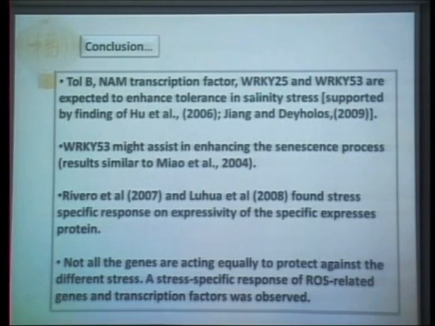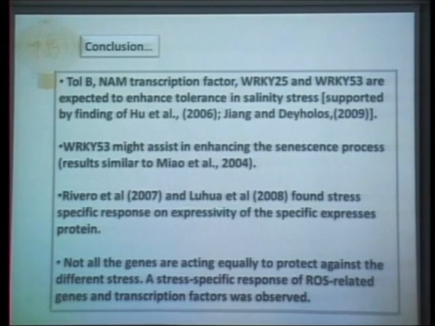The overexpression lines of these two transcription factors enhance the tolerance in salinity stress, which is in parallel with our results. Similarly, ROCK53 might assist in enhancing the senescence process. And our results were similar with Mia et al. in 2004. What we found is overexpressing the ROCK53 induced the senescence process.